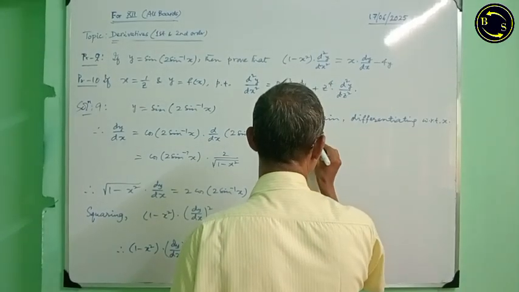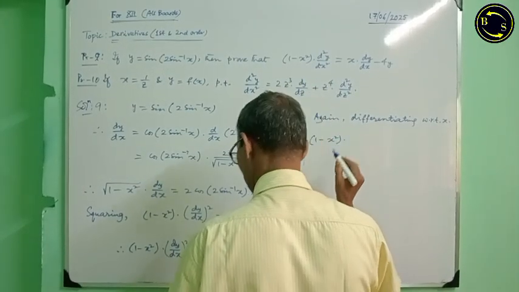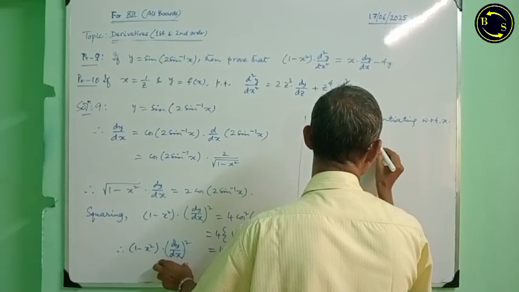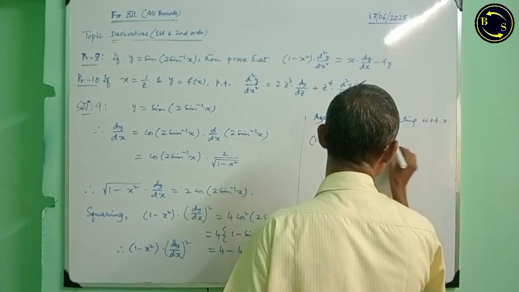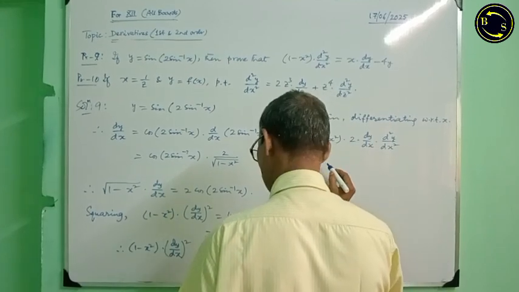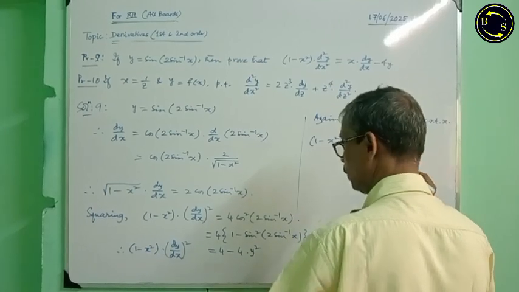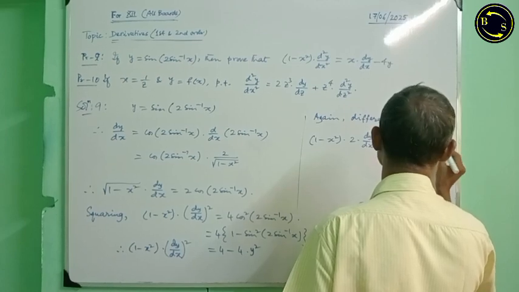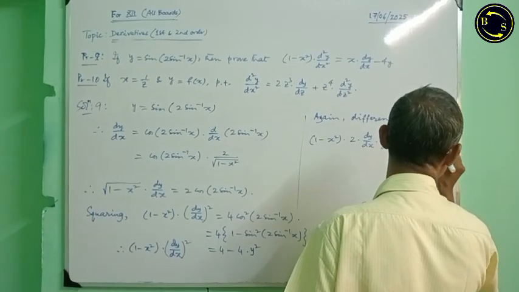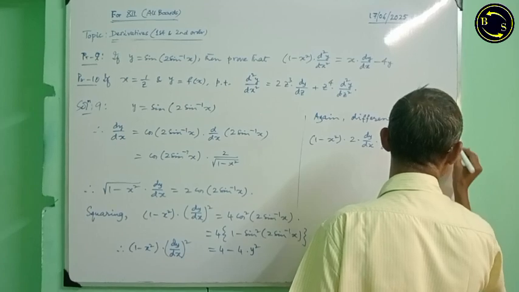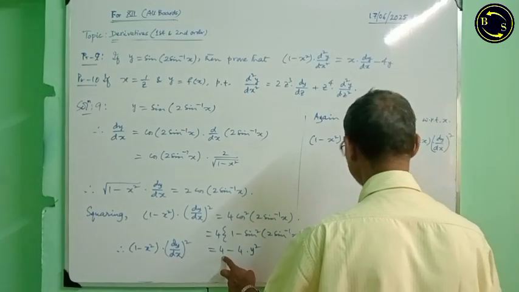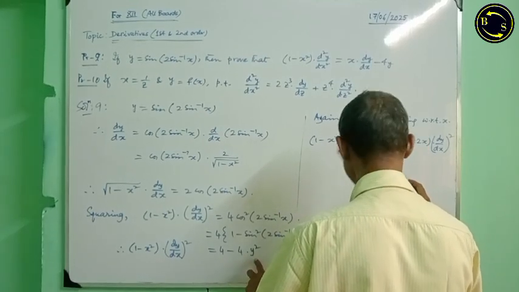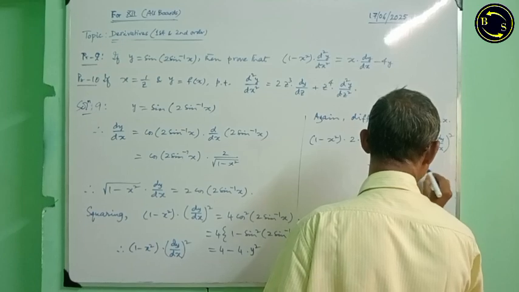Therefore, (1 − x²) into the derivative of this, 2 (dy/dx)(d²y/dx²), plus the derivative of 1 − x², which is −2x, into (dy/dx)². For the right side, 4 is constant so it is 0, minus 4 into 2y dy/dx.